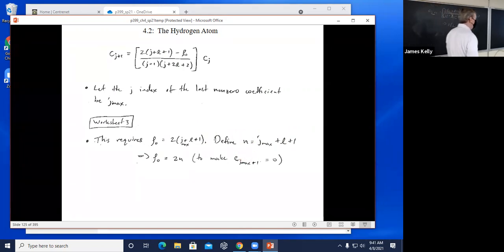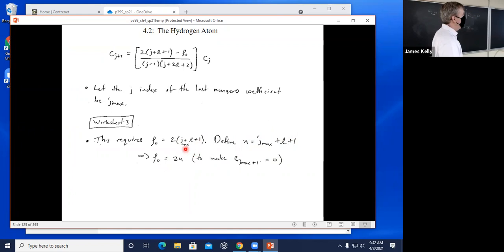That determines the energy level. You can see n as an integer, right? Because the j's are integers and the l's, we already found out, have to be integers. So at least we know n is an integer. So that kind of makes sense, right? Let's just take that at face value. We'll find out the range of allowed n's later on. But let's define n to be j max plus L plus 1. And therefore, this is just n here.